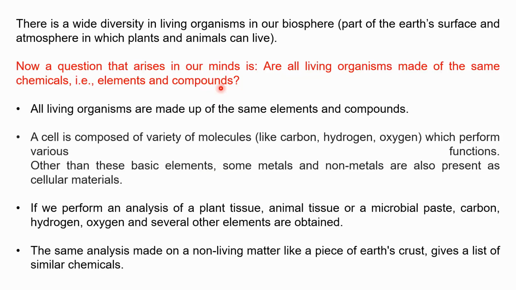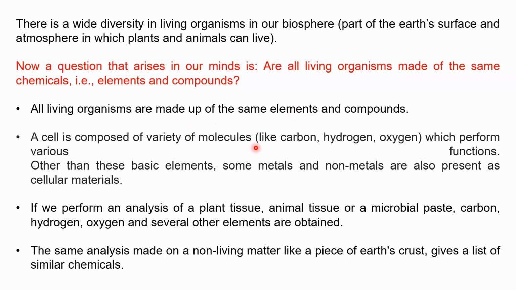To answer this question, we need to analyze the elements and compounds that make up a living organism. The answer is that all living organisms are made up of the same elements and compounds.